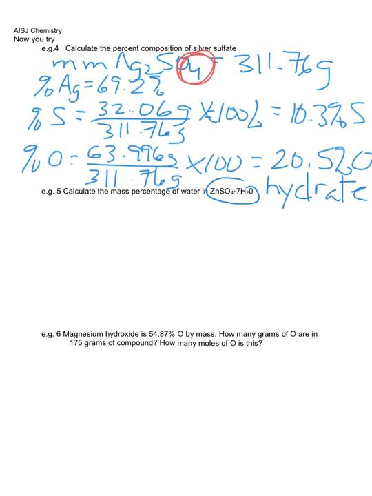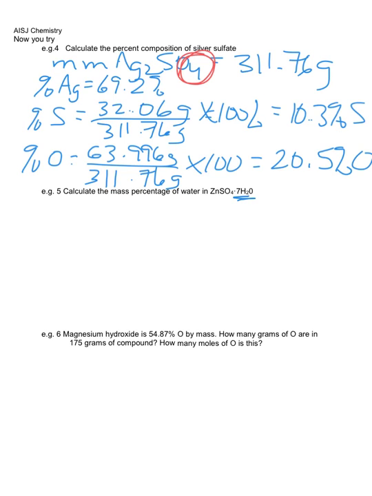If it weren't hydrated, we would call it anhydrous. So this hydrated zinc sulfate is a substance that contains water in it. So for every mole of zinc sulfate, there are 7 moles of water.